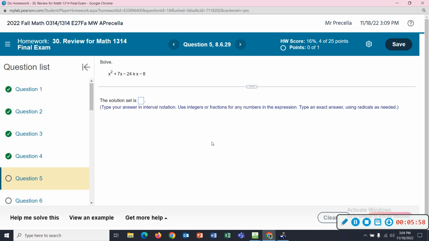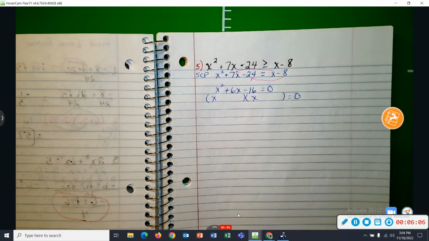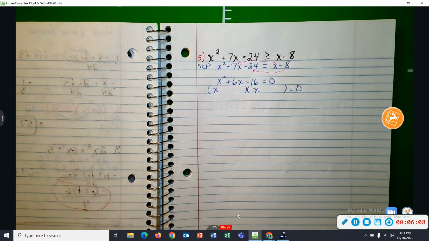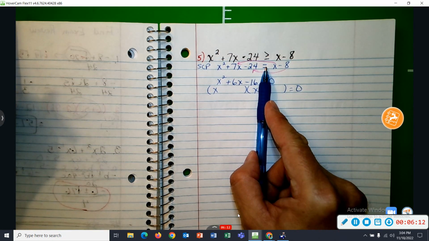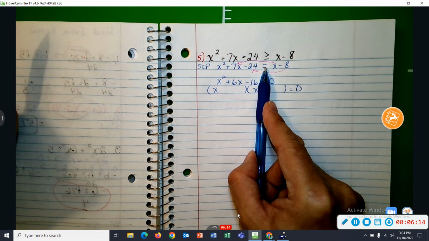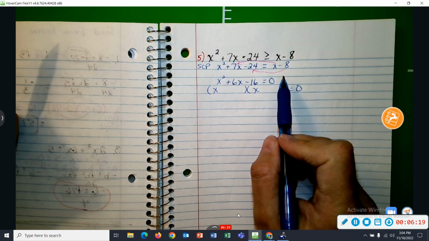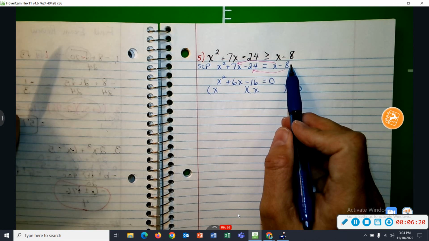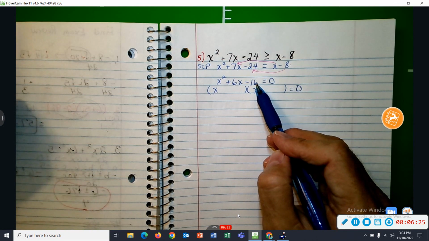Let's see. This is a simple. Oh, look at that. Yeah, sorry about that. Okay, so the solution cut points are found by replacing the inequality with an equal sign. So to solve a quadratic equation, I just get a 0 on one side. Let's see.